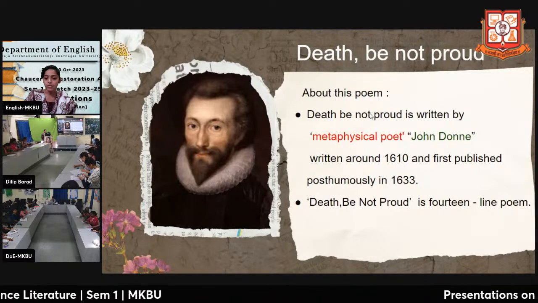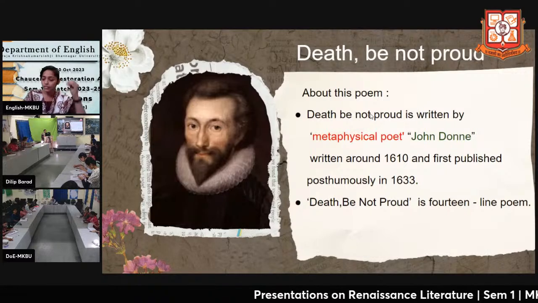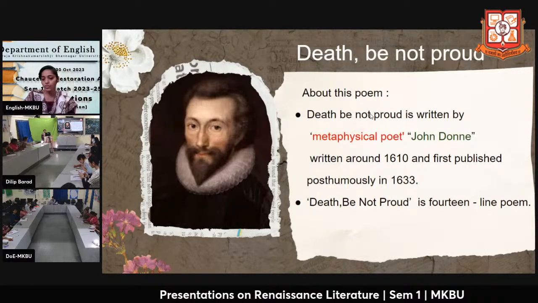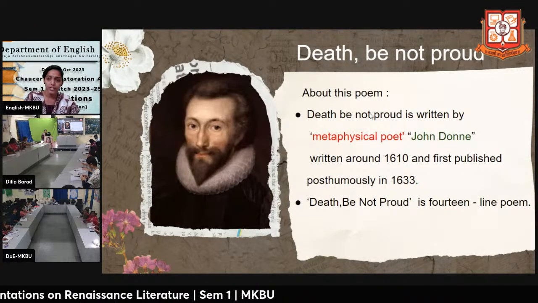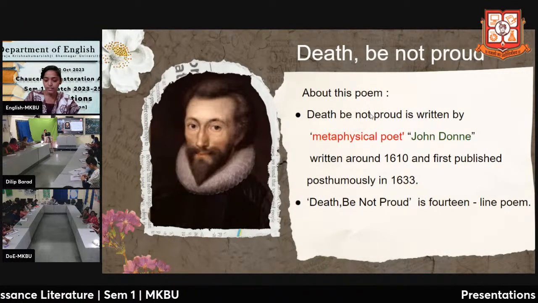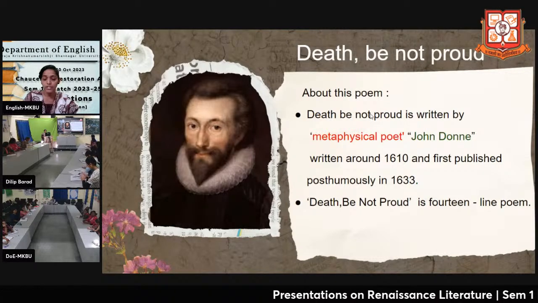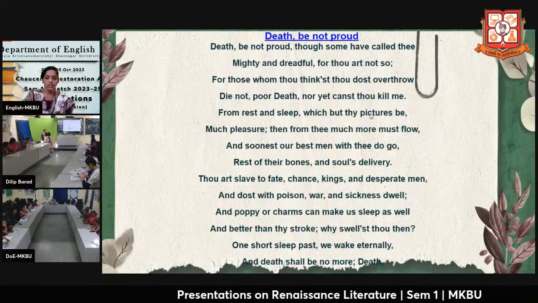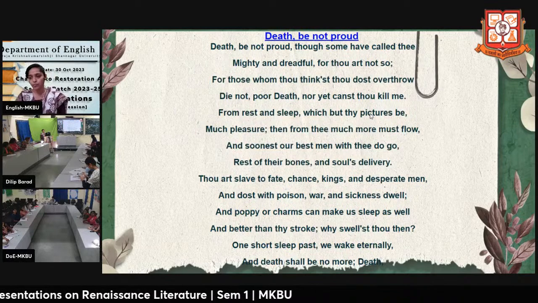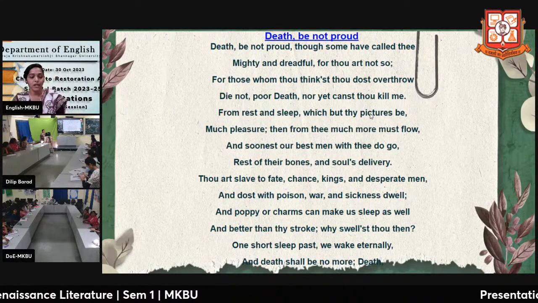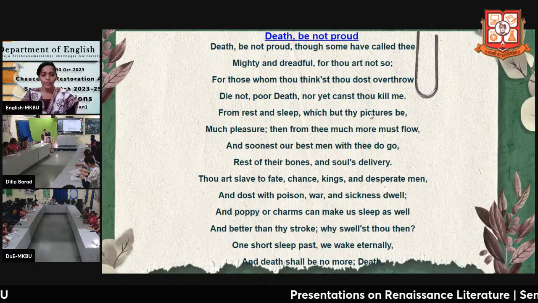It is a 14-line poem divided into an eight-line octave and a six-line sestet, and it is a holy sonnet. The poem's rhyme scheme is ABBA ABBA CDDC EE.